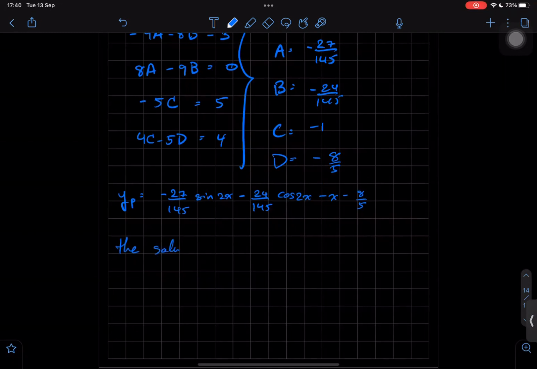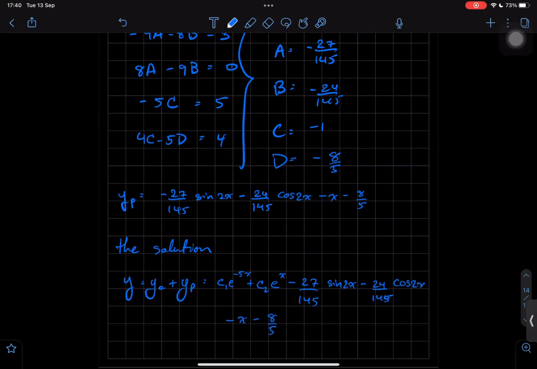The solution y equals yc plus yp, which equals c1 e to the minus 5x plus c2 e to the x minus 27 over 145 sine of 2x minus 24 over 145 cos 2x minus x minus 8 over 5.